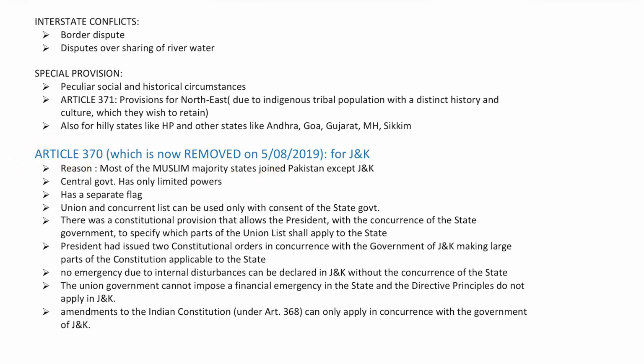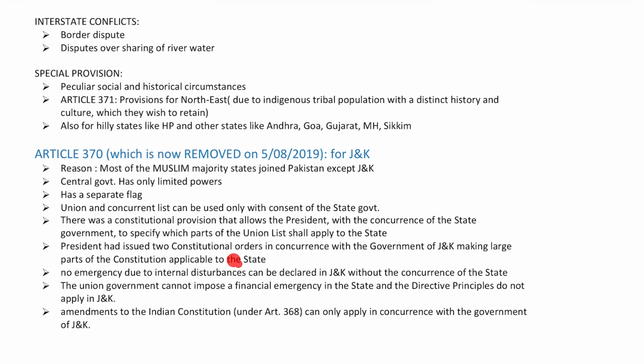The state of Jammu and Kashmir had a separate flag. Union list can only be used with the consent of the state government. There was a constitutional provision that allows the president, with the concurrence of the state government, to specify which parts of the union list shall apply to the state. So more power was with the state of Jammu and Kashmir than with the center. The president had issued two constitutional orders in concurrence with the government of Jammu and Kashmir, making large parts of the constitution applicable to the state.